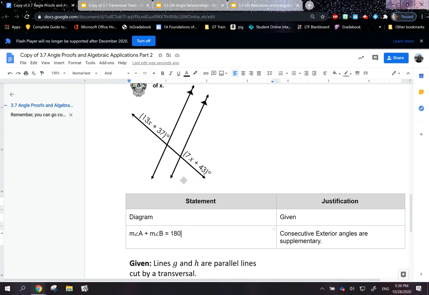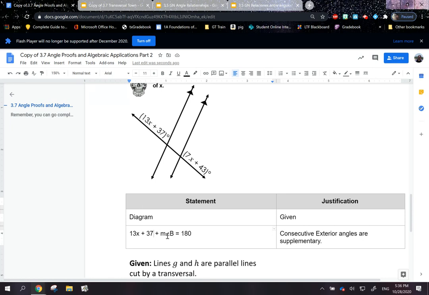If I know that adding the measure of these two angles equals 180 degrees, then I just need to know what the measures are. Now, obviously, I don't know what they are as a number, but I know what they are as an expression. And so all I can do is plug this in, the 13x plus 37, to the measure of angle A. You see how I replace measure of angle A with whatever I have for my first angle, 13x plus 37.